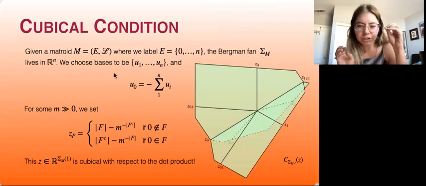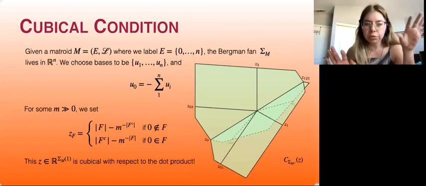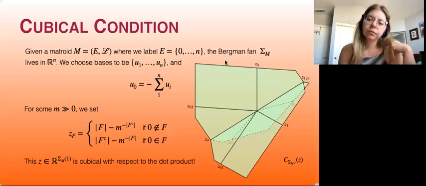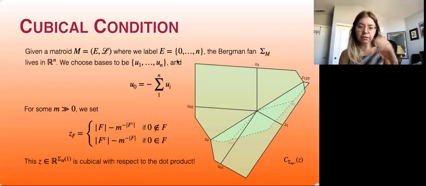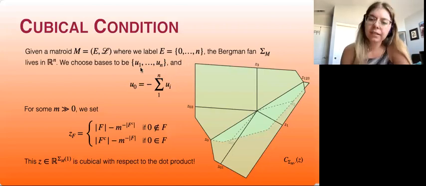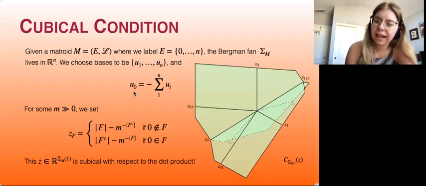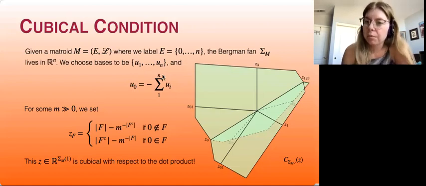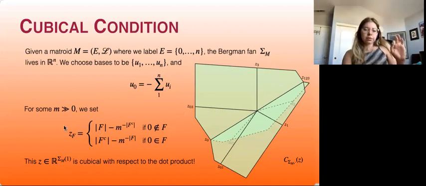So I take a matroid, let's enumerate its ground set elements from 0 to n, in which case the Bergman fan lives in one less dimension than that, so it lives in R^n. Let's choose a basis for this space. Let's have it be just ray generators for 1 through n, which means that the one that we didn't choose, u0, is just the negative sum of all of the other ray generators.